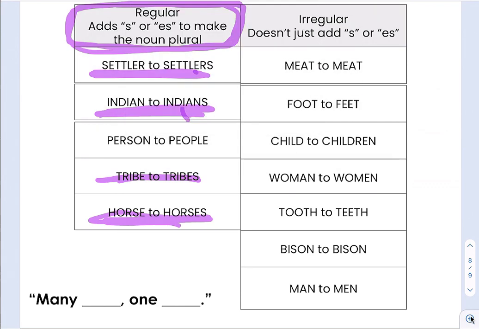Now I made a mistake here and I put person to people in the wrong category. Notice people does not end with an S or an ES. So this one should also be in the irregular category. So let's move that. Cut it out here.